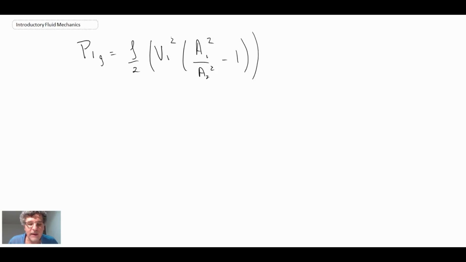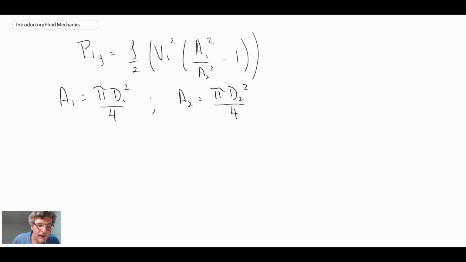So we get that. Now we have a couple of areas on the right-hand side. Remember we said that the cross-section of this nozzle was round. Consequently, we can say A1 can be related to the diameter, and A2.